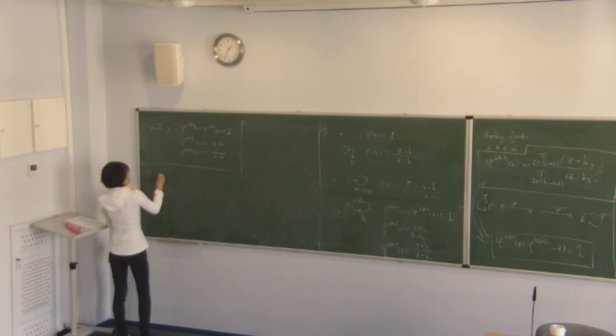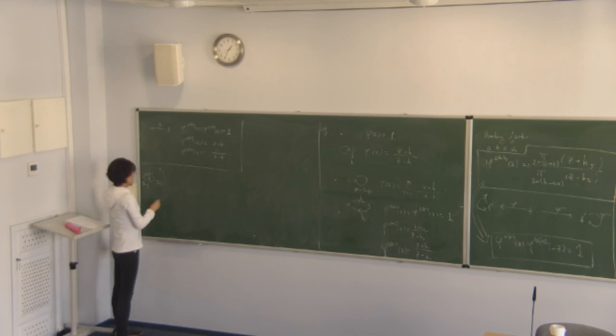Then, for example, for this case, the 3-loop quiver with a potential.